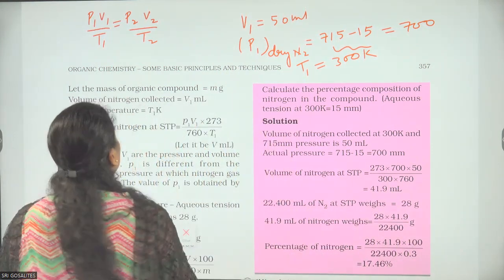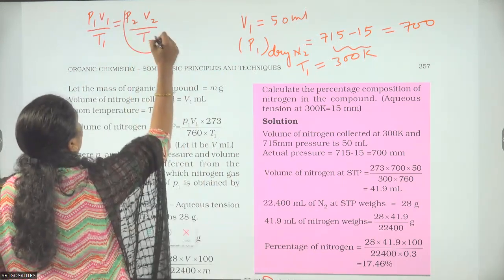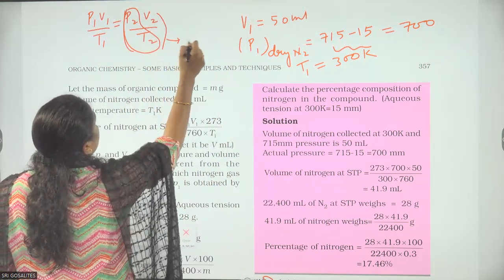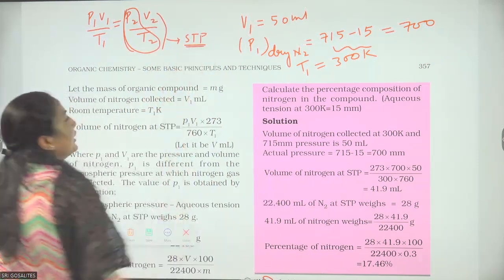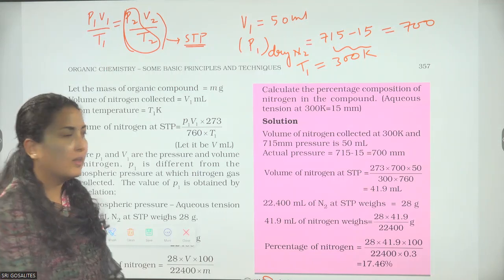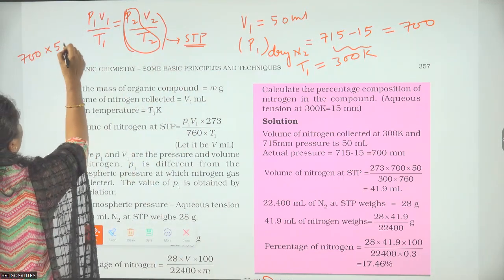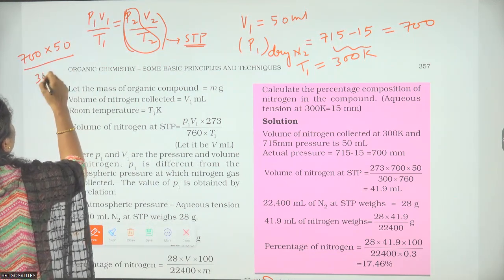We are trying to find the equivalent. All of this corresponds to the STP condition, where only the temperature and pressure are known to us. So here you put 700, you put volume as 50, and you put 300.